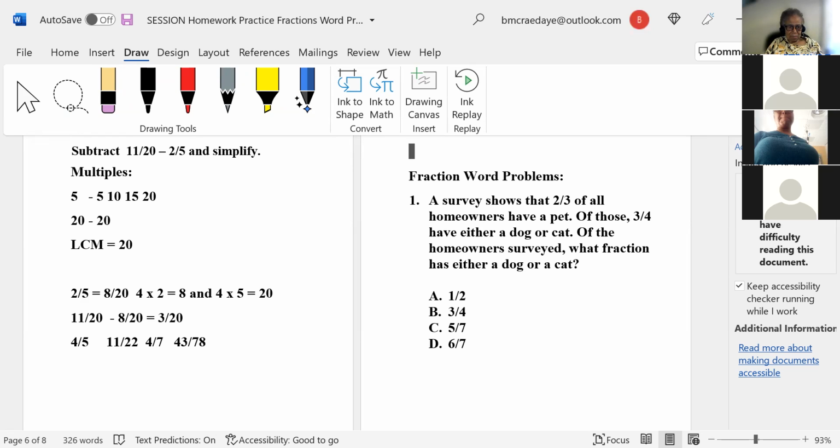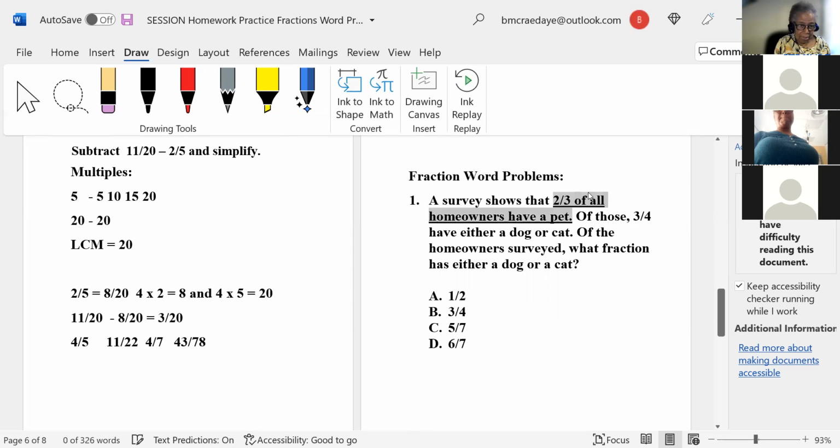A survey showed that 2/3 of all homeowners have pets. If of those, 3/4 have either a dog or a cat at the home, what fraction has either a dog or a cat? Now, 2/3 of all the homeowners have a pet.